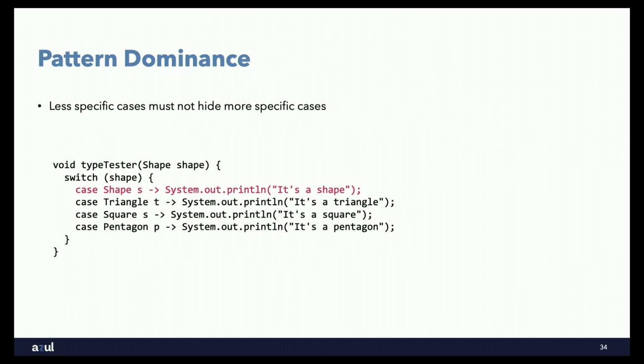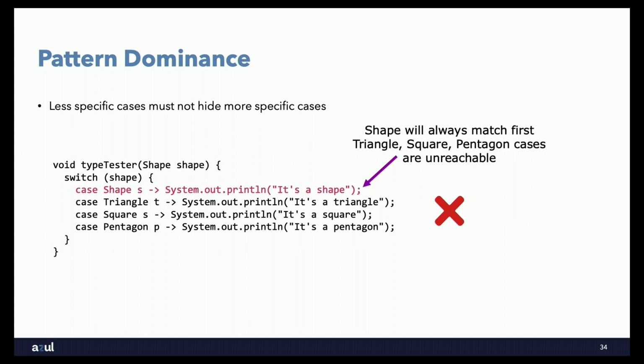Pattern dominance is the other thing we need to talk about, because we need to make sure that the order in which we put our cases doesn't hide things. If we change the order in the type tester and put shape first, of course, shape is the superclass of triangle, square, and pentagon, so it would match against any shape. That way, we would never get to a triangle, square, or pentagon specific case.